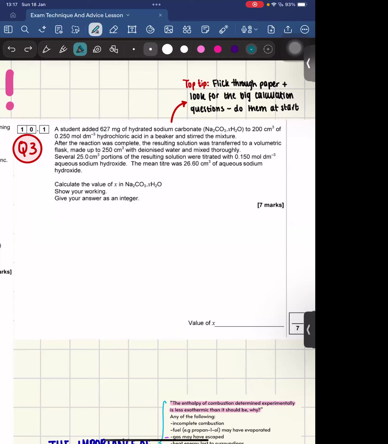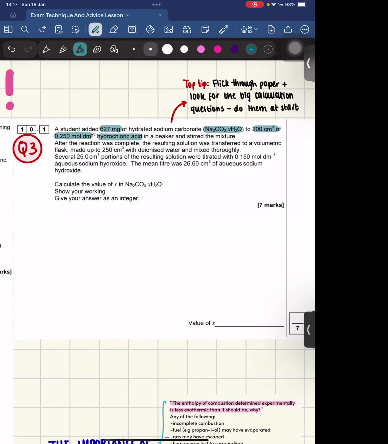So a student added 627 mg, okay, already mg. That's not a usual measurement that we see. It's usually grams, so I'm going to remember that we're probably going to have to do something with that. Of hydrated sodium carbonate, so you've got one of those XH2O molecules, to 200 centimeters cubed of 0.25 moles per decimeter cubed hydrochloric acid.